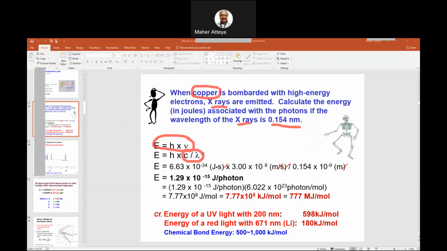The wavelength is given to you. The speed of light is always 3·10⁸ meters per second. This is c. And this is h, which is called the Planck constant.